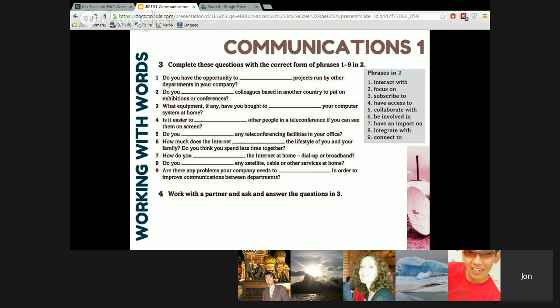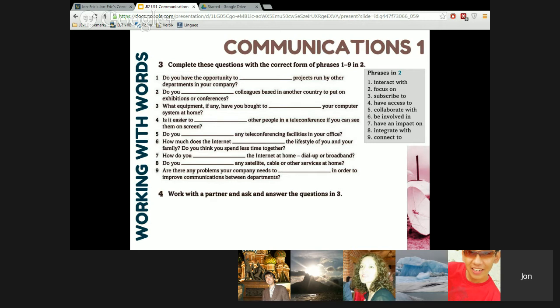Try again. You can focus on projects. Is it focus on? I don't know. Interact, have access to, back on, integrate with, connect to. No. Let's come back to it.